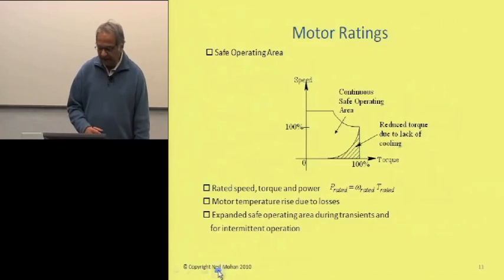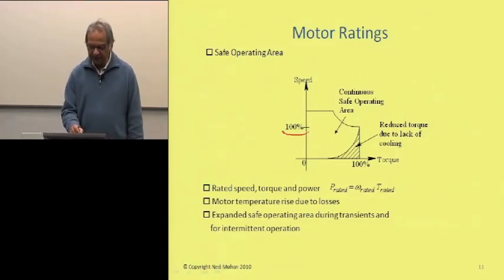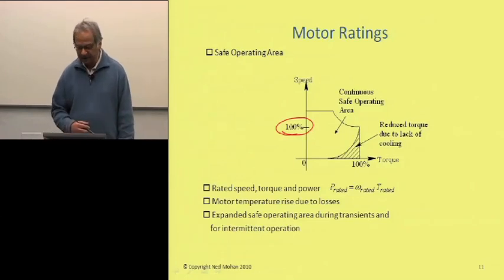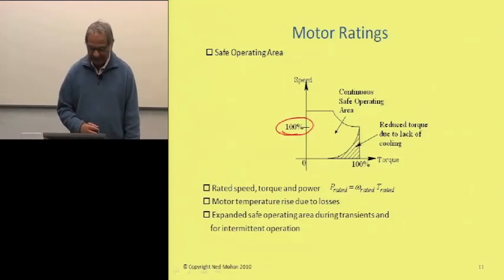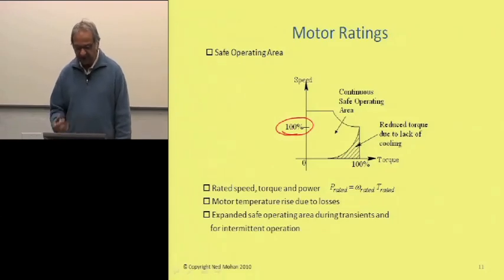And then also we have a safe operating area. Quite often it is possible to operate above the rated speed, but one has to be careful and possibly consult the manufacturer whether it's safe to operate there. And certainly one can operate up to, in steady state, the rated torque over here.